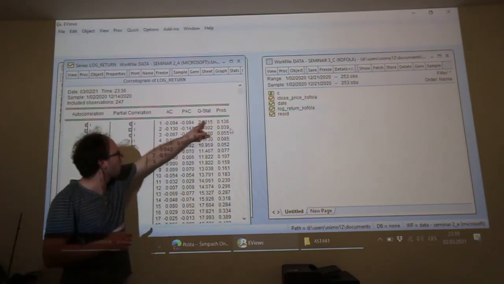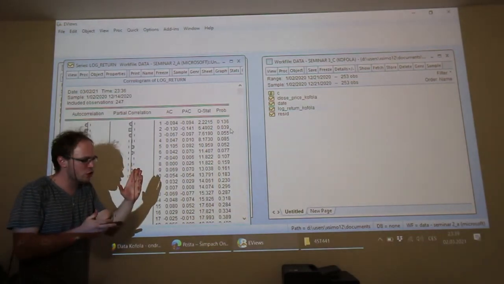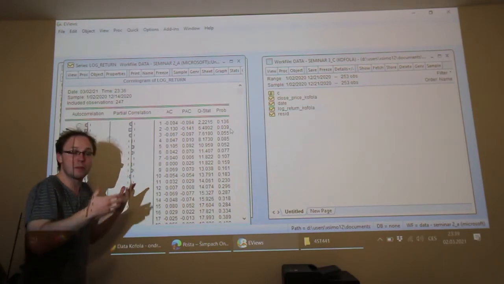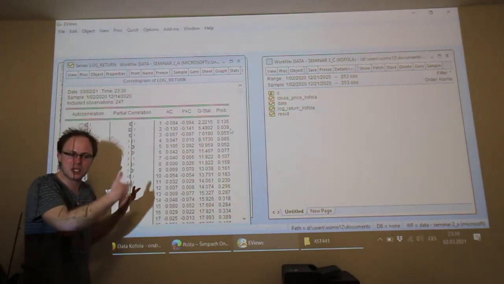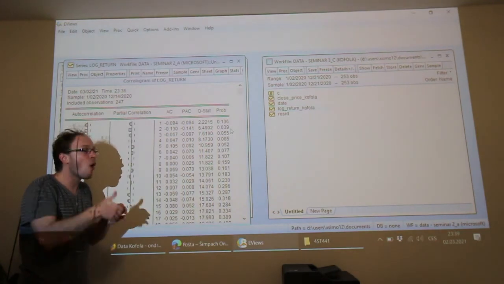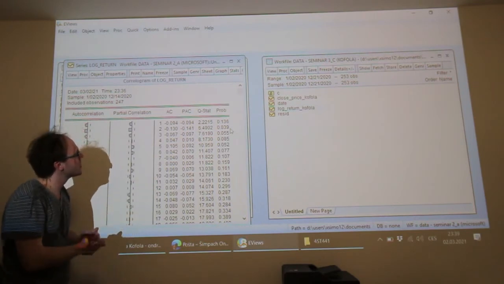The first row is a test of correlation or autocorrelation of the first order, yes. Durbin-Watson, yes, if you remember the slide with the Durbin-Watson statistic, which tests only the autocorrelation of the first order, yes.